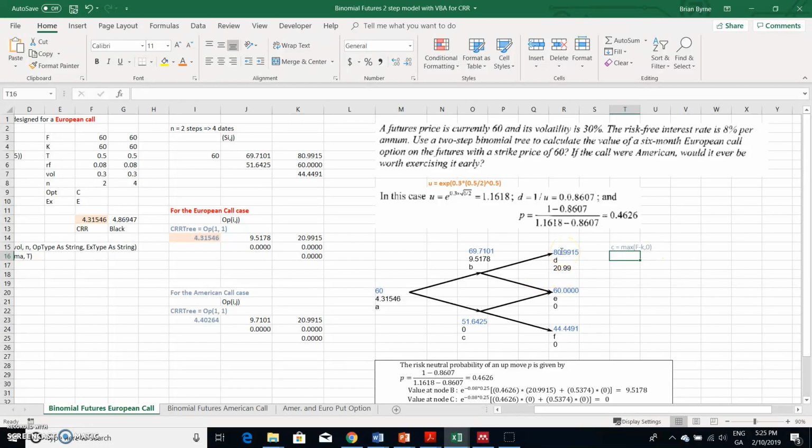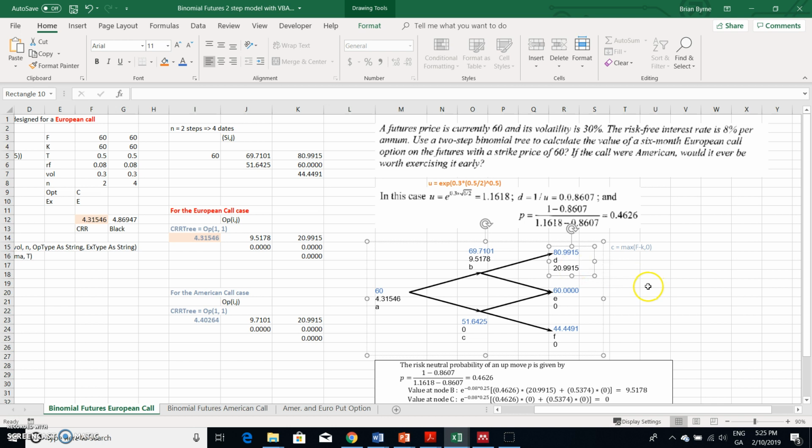If we subtract 60 from 80.99, keep in mind the strike price of the option is 60, we would get 20.99.